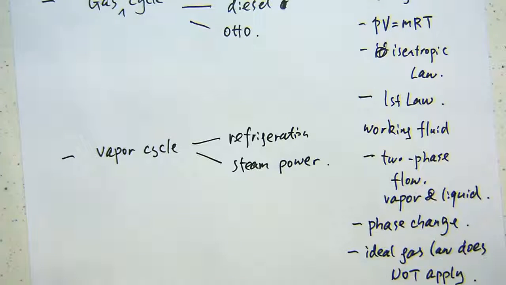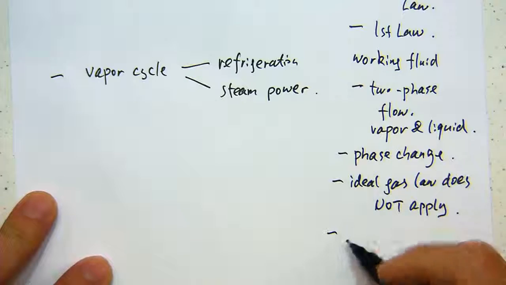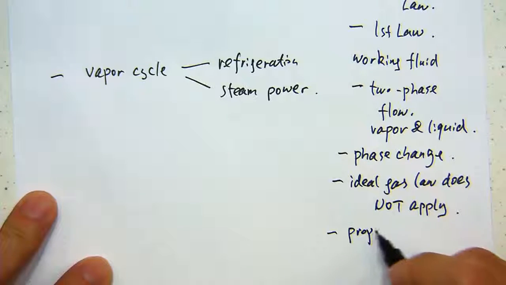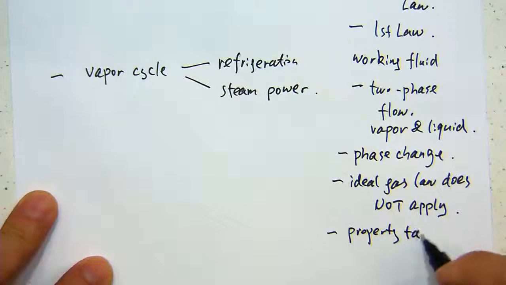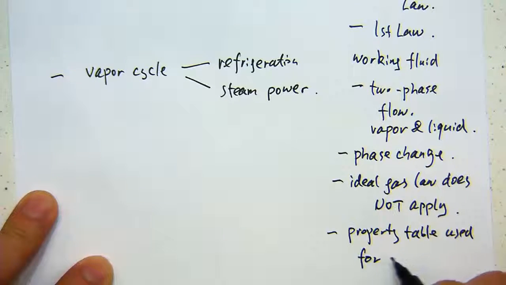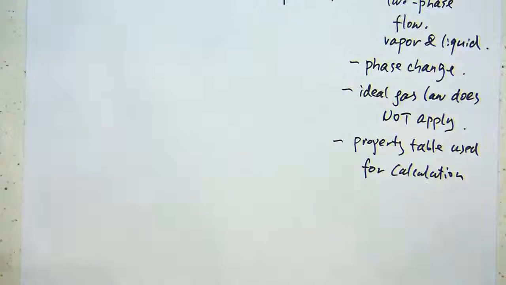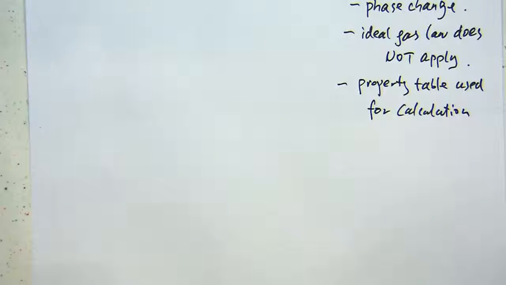Instead, in the calculation, you want to use something called the property table. All right, which means if you're dealing with vapor, do not apply ideal gas law. You need to go to the table. Here we're using table, or in some other cases you can use just the chart.